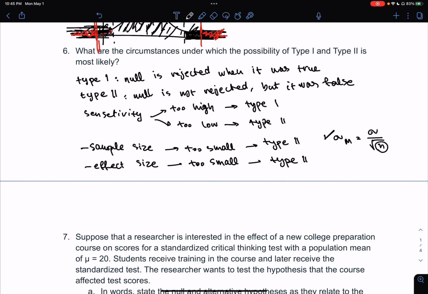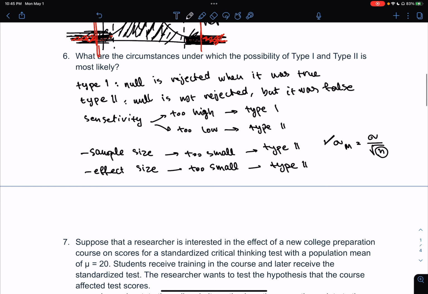And then effect size. Effect size basically means how large is the effect of the treatment, like what is the difference between the treated and the untreated groups, how much is this difference?